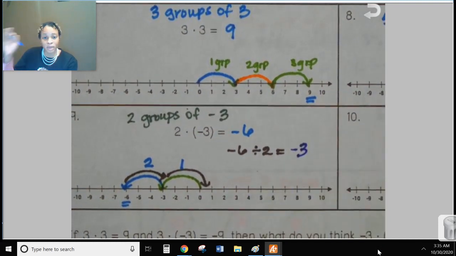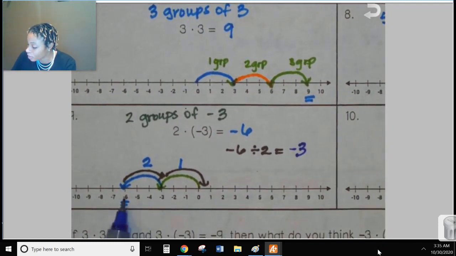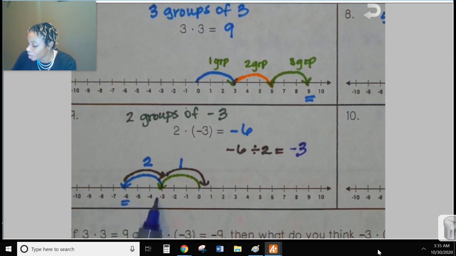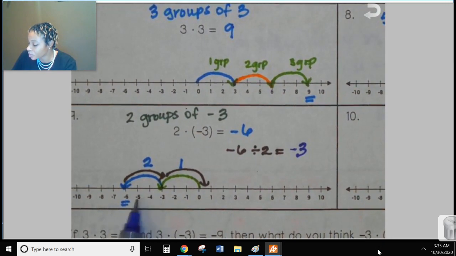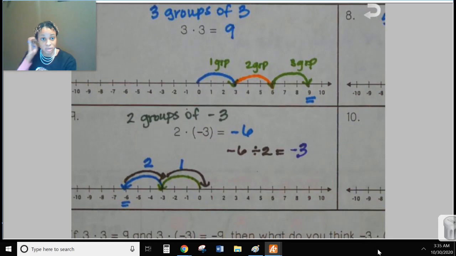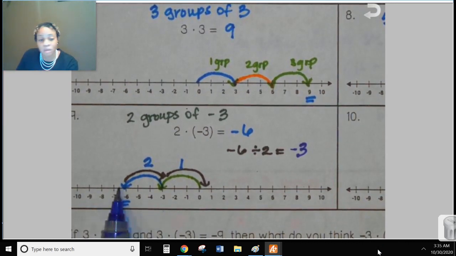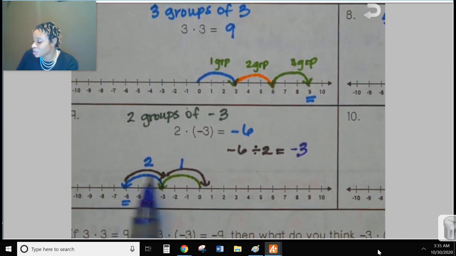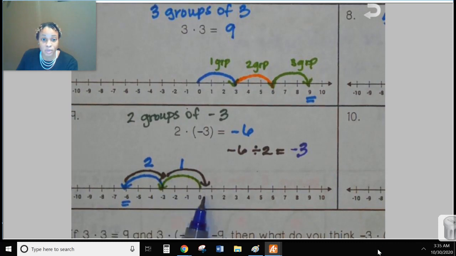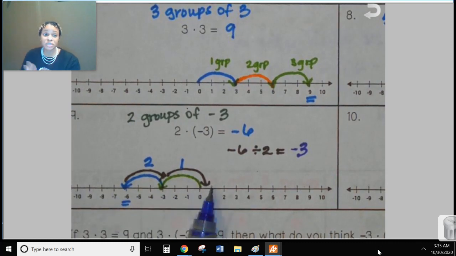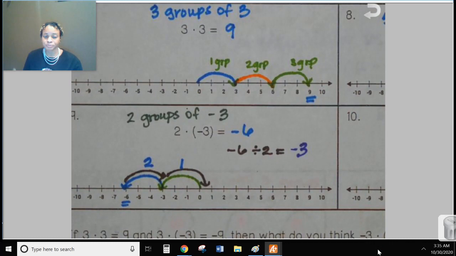I'm jumping by negative 3 because I'm going from negative 6, 5, 4, 3, and then 3, 2, 1, 0. So I'm jumping in 2 groups of 3. So again, division will start at the dividend and it will make its way back to 0. So this is how division looks different from multiplication on the number line.